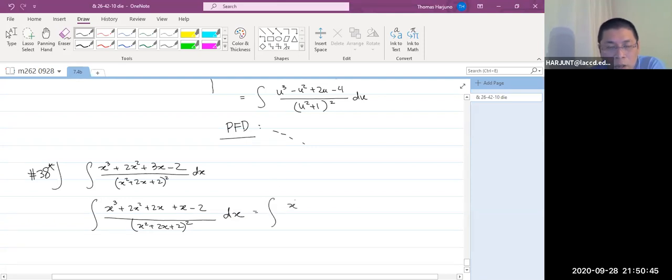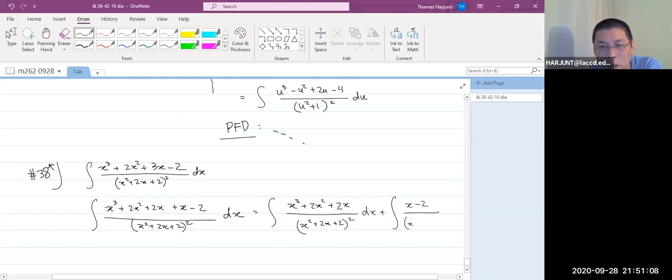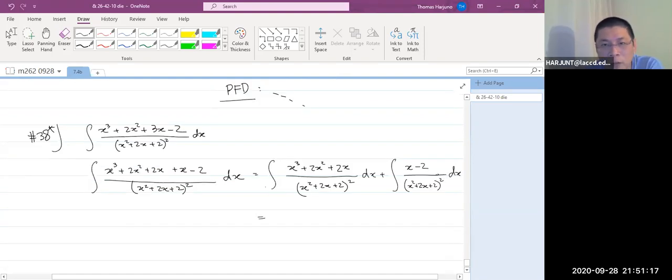This is the integral of x cubed plus 2x squared plus 2x over (x squared plus 2x plus 2) squared dx plus the integral of x minus 2 over (x squared plus 2x plus 2) squared dx. Now, notice that on the top you can factor the x out and one of them cancels.